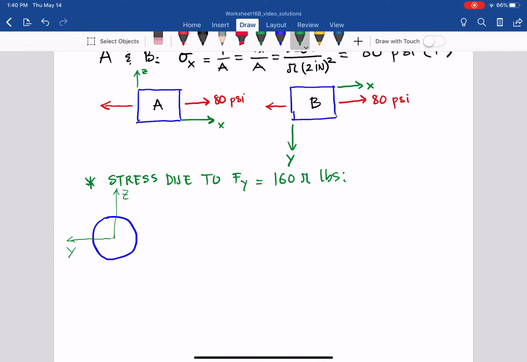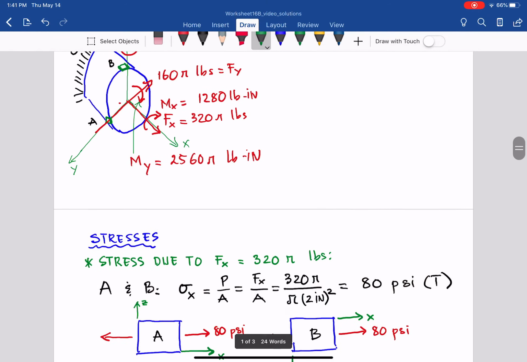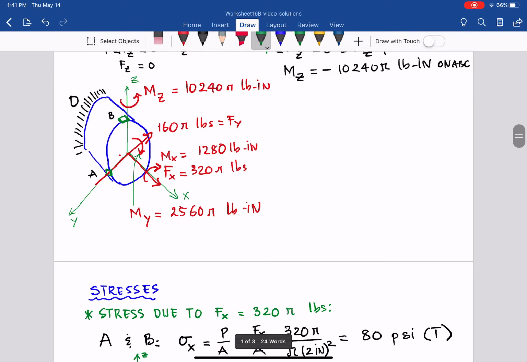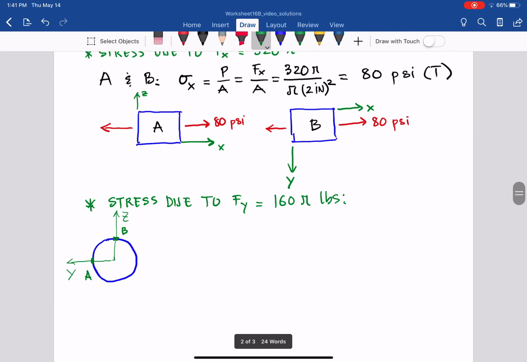Point B is here, and you see A. So this is the cross section at AB, and X is perpendicular to that surface.